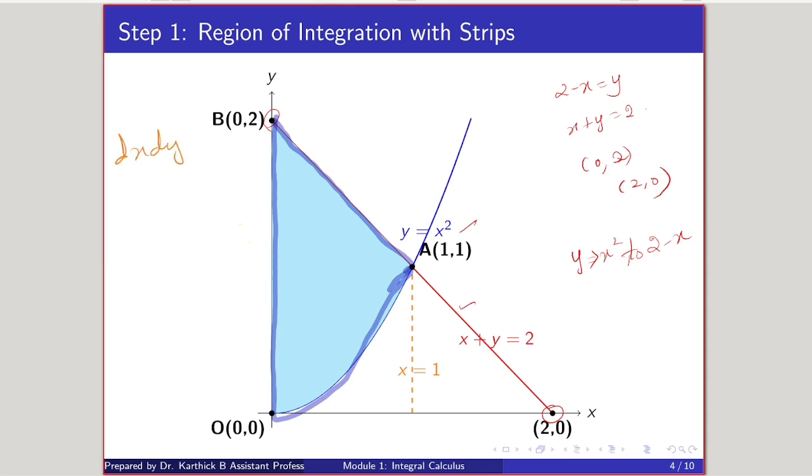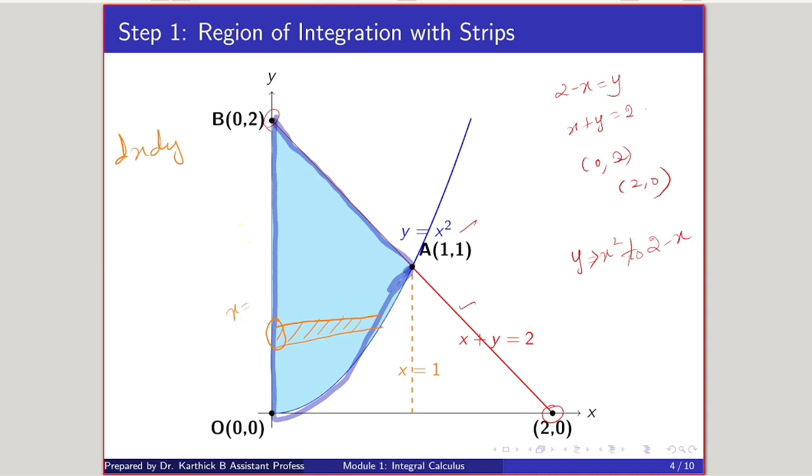Dx dy represents a horizontal strip. So let me draw a strip here. If it is a horizontal strip, we have to see the limits from left to right. Of course, it is parallel to the x-axis.